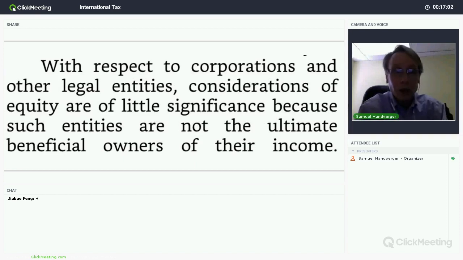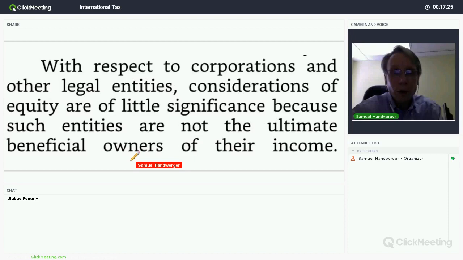Because if their activities are occurring in your jurisdiction, let's say you're living in France and a U.S. corporation is doing business there, you're going to tend to want to tax that U.S. corporation in France because they're using resources of your economy. They're using your citizens to sell product to or to service.